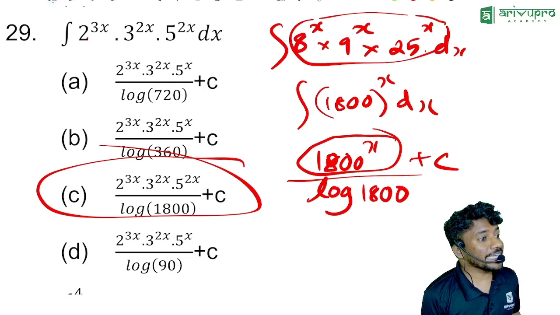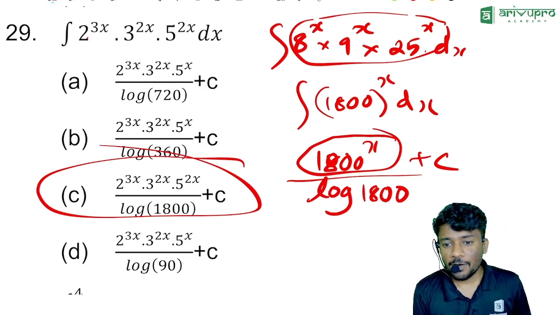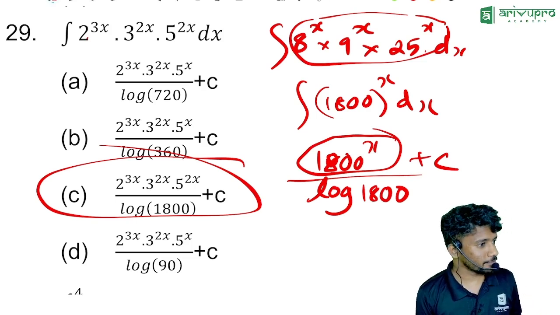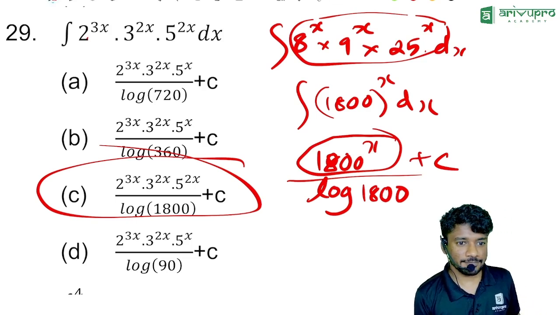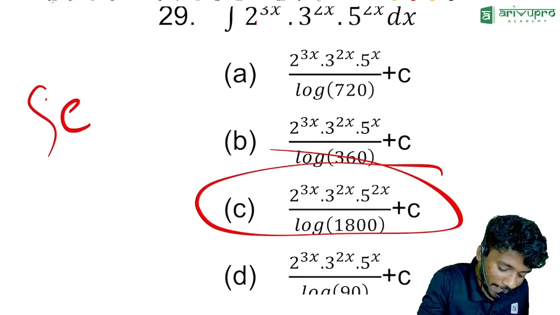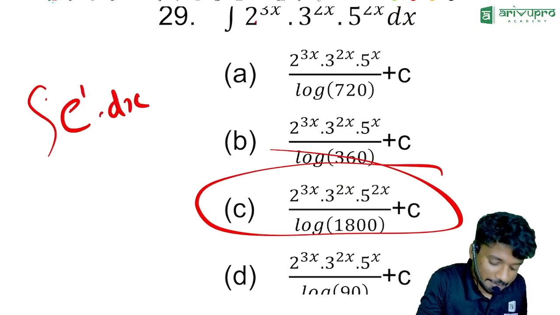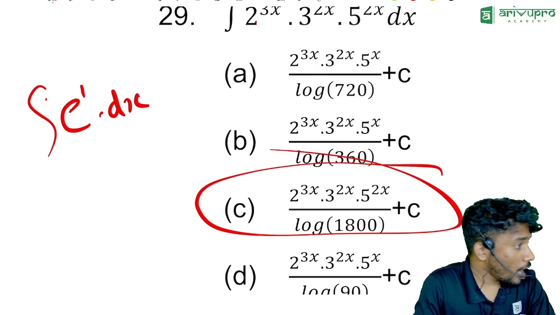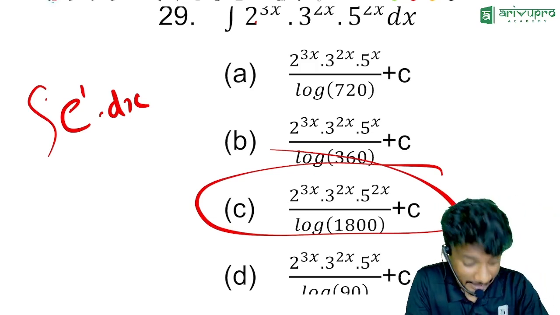What is integral e raised to x? What is integral e raised to 1? Integral e raised to 1 dx. Actually that is a good question. E is a constant.